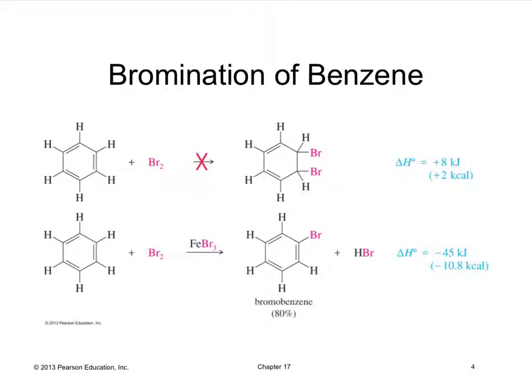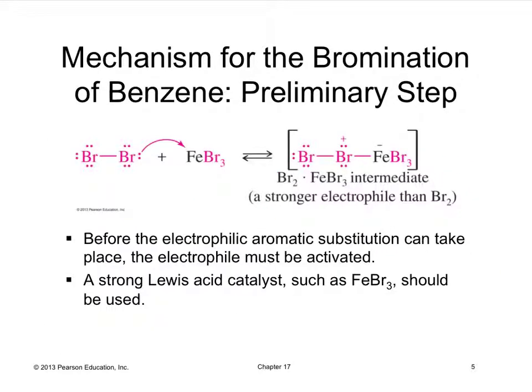In terms of bromination of benzene, we had seen in the previous chapter, although the mechanism wasn't given in detail, that if you just take Br2, this reaction doesn't happen. But when you take Br2 in the presence of a catalyst, you have the electrophilic aromatic substitution leading to bromobenzene and HBr. In terms of the mechanism, you have Br2 in the presence of the catalyst.